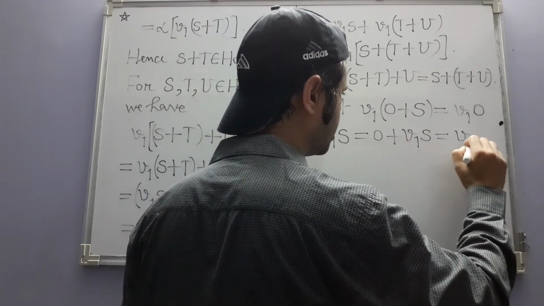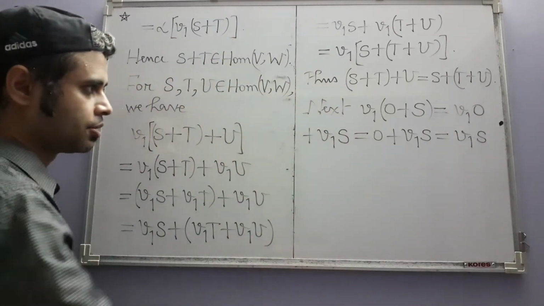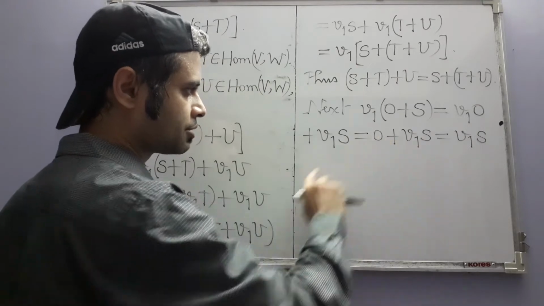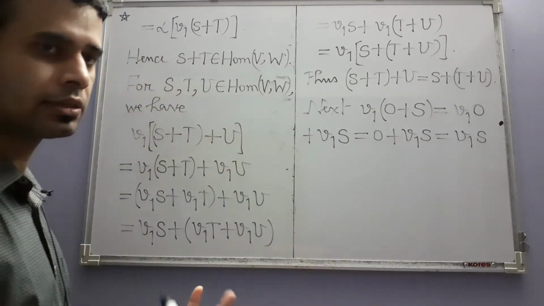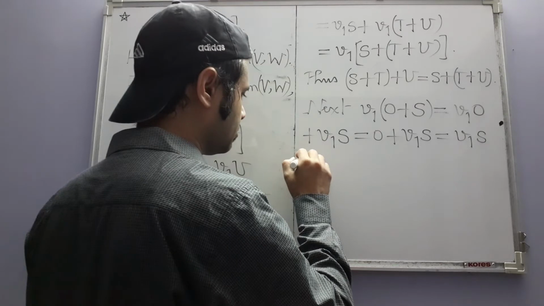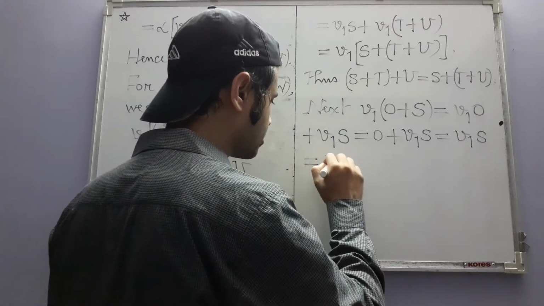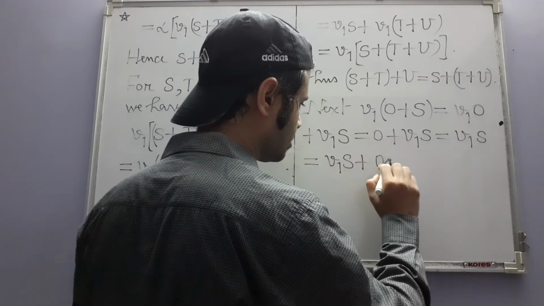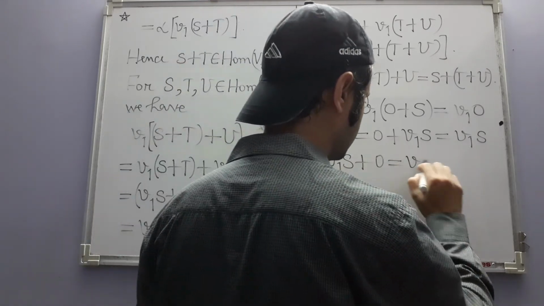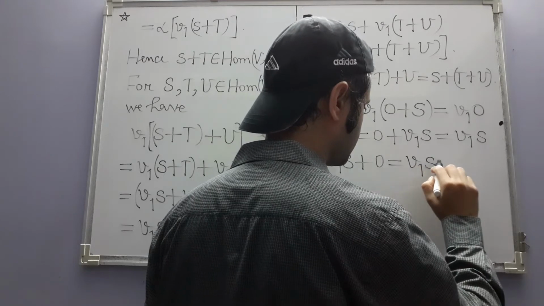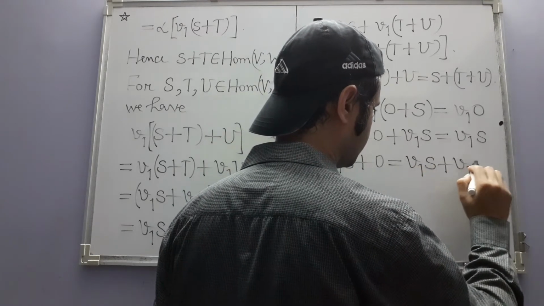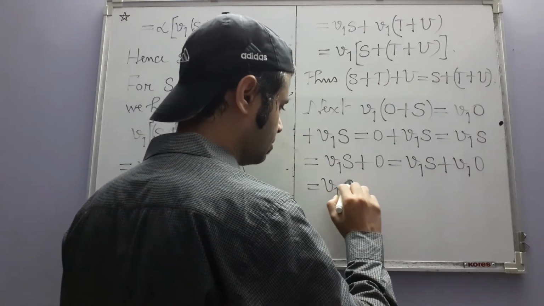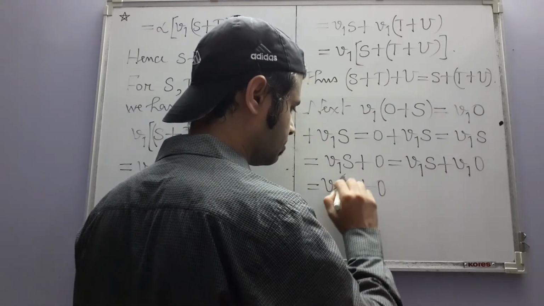Now you can write V1S, because we know what happens when we add the 0 vector in a space to any other vector, we get that other vector, and we can continue this calculation like this also, V1S plus V10, so that is equal to V1S plus 0.